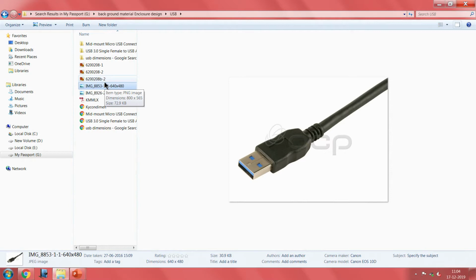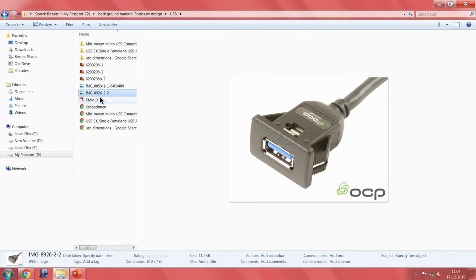This looks very commonplace, what is called a USB type A. I am a little confused about it, but I will call it a plug. The other side is probably the matching part. So one is called a header, another is called a plug.